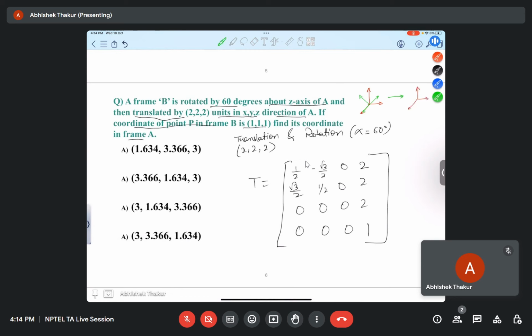The same thing will be somewhere here: this is 2, this is 2, and this is 2. Okay, like this. Just imagine in your mind, you will get how it happened.